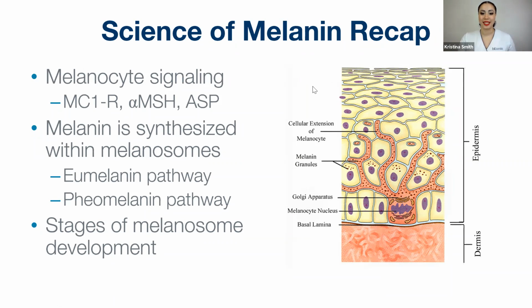So starting with melanocyte signaling. Remember we said that MC1R receptor, we all have it on our melanocyte cells. We also have those two molecules that signal melanin. So the alpha MSH signals the eumelanin, which, by the way, another fun fact, if you are someone who is tanning, even if you get an accidental tan outside, UV stimulates alpha MSH, which stimulates eumelanin, which is why even someone with fair skin, if you tan, you're going to get darker, not redder, because the eumelanin is what is stimulated.